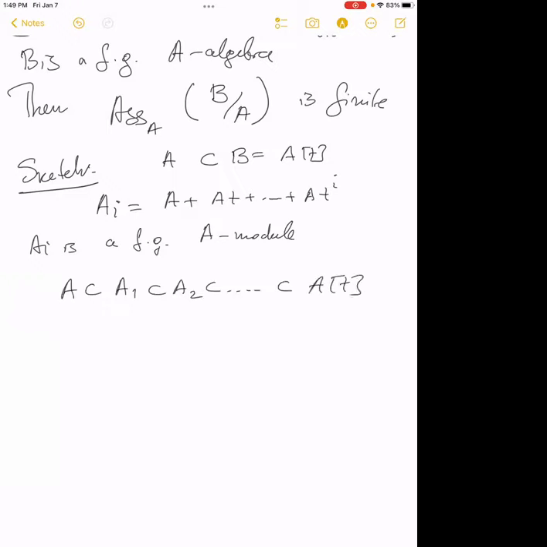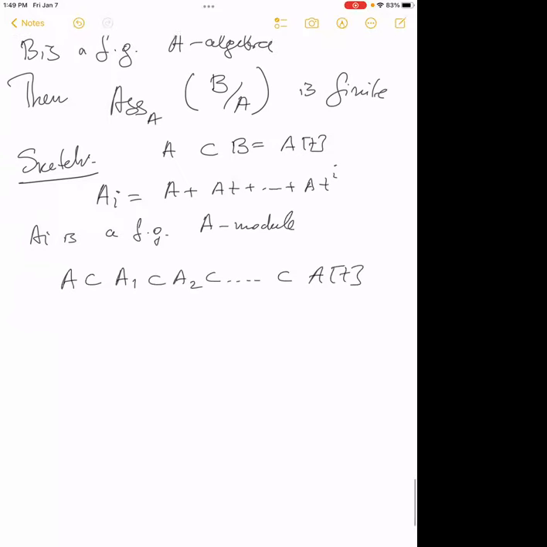The problem with this chain is that it doesn't have to stabilize. If it stabilizes, then we're done pretty much. But it may not stabilize because, as I said, you can have new and new relations coming in in arbitrarily high degree. So here is what you do.